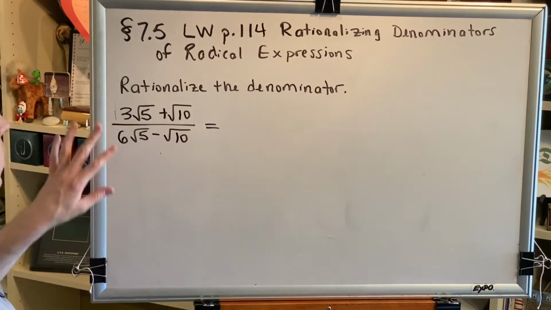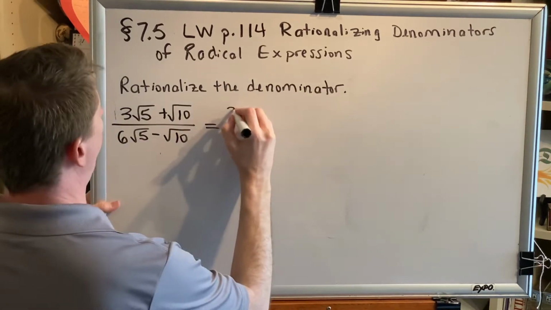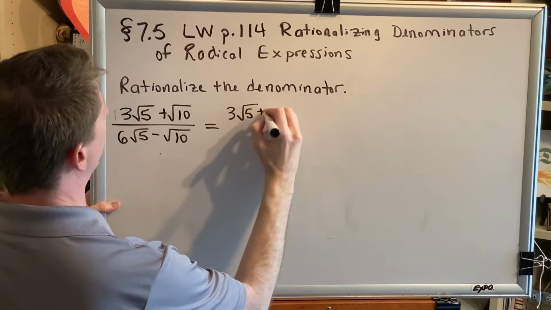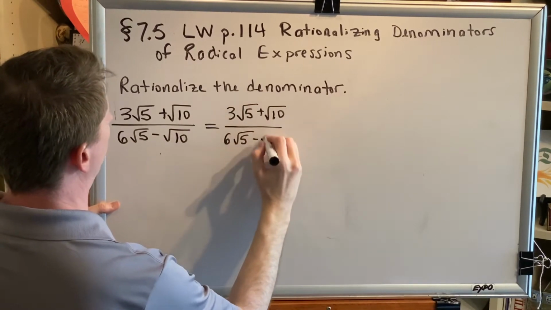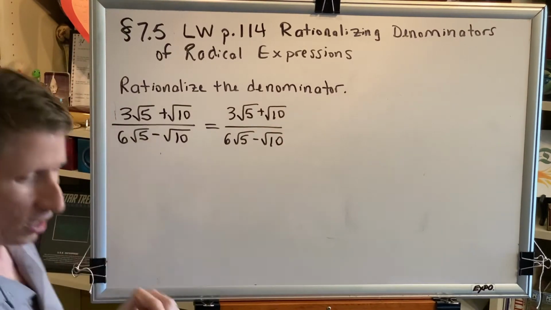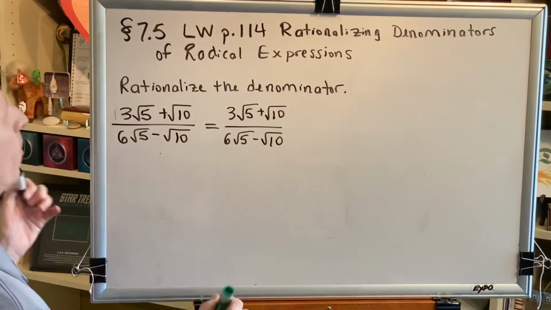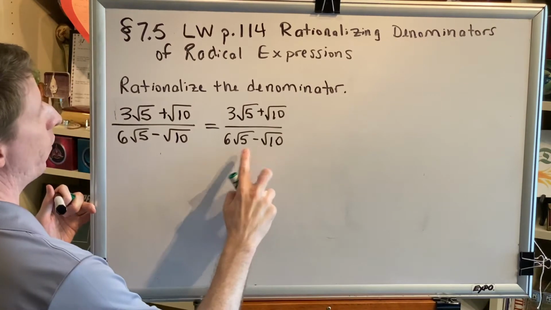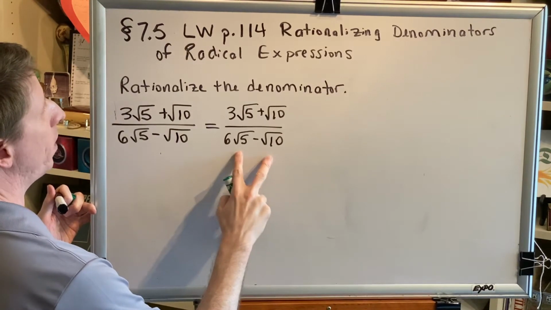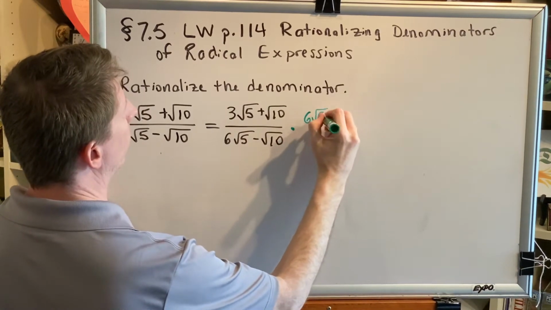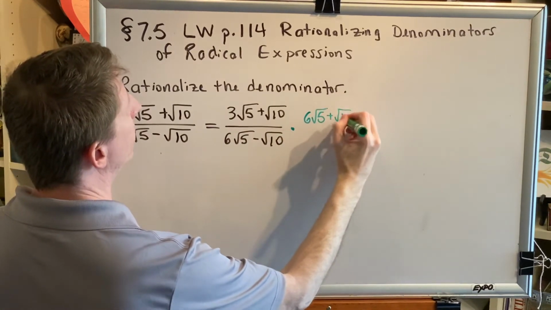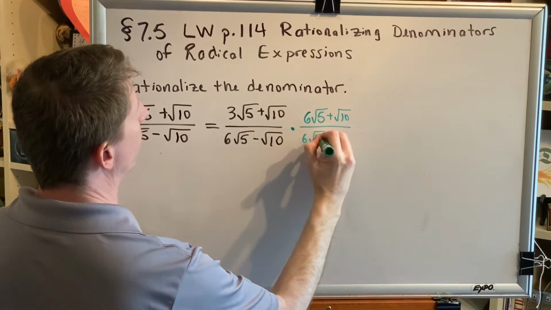Okay, what's the method we use when there's 2 terms? First, make an exact copy. Second, determine the conjugate of the denominator. The conjugate of 6 root 5 minus root 10 would be 6 root 5 plus root 10. Multiply top and bottom by the conjugate.